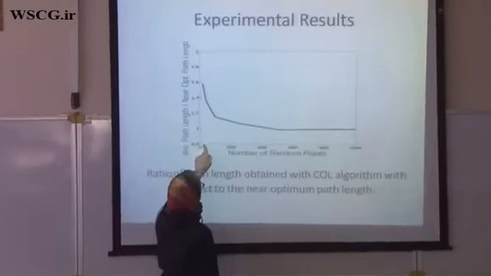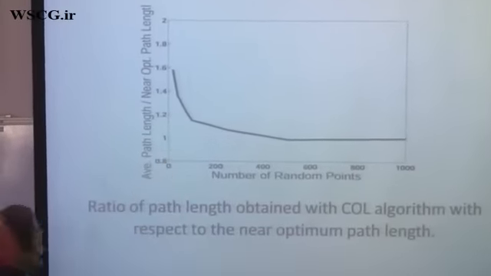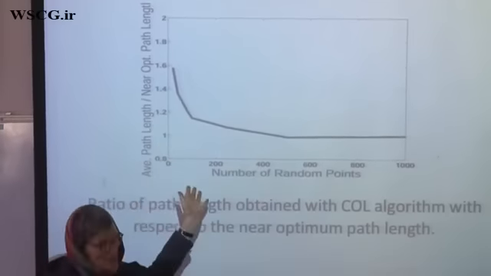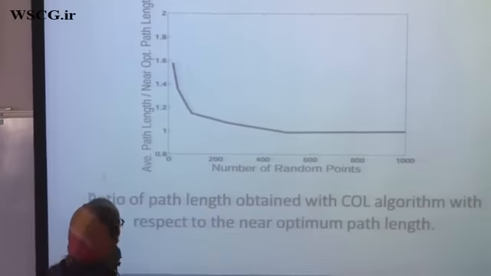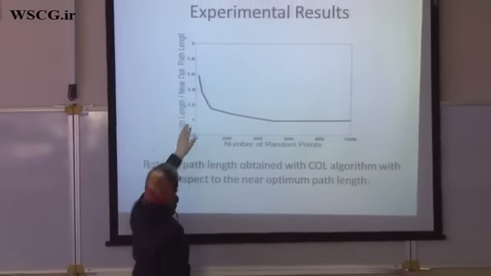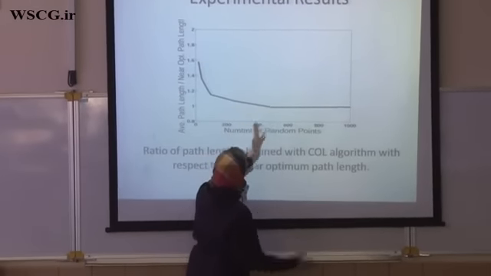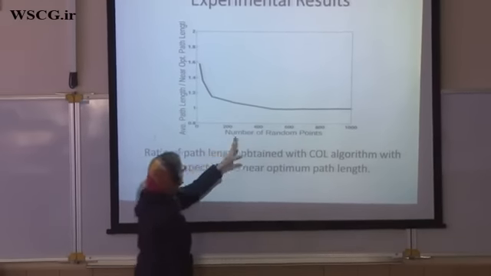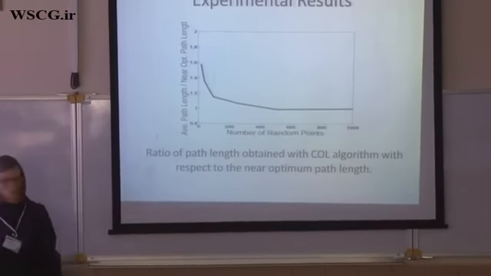If you're not sampling so many points, then initially with few sample points, you're getting something like 1.6 times the shortest localization path you could find. But then it starts to drop, and you get some experimental curve saying that for those types of environments, you get down to around 500 random points, and you've got something that looks pretty good.